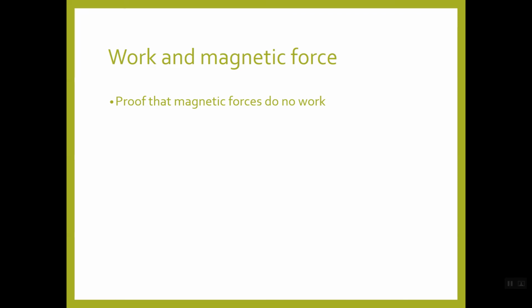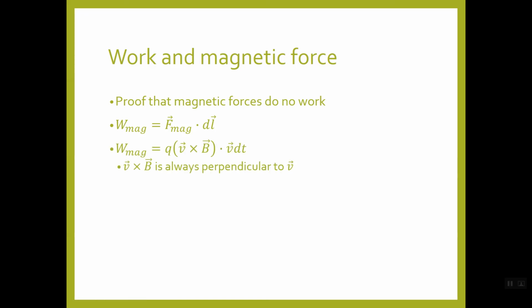So we can prove that magnetic forces in any case do no work. We do F dot dl, the work done by our magnetic force, using the definition of work. If we plug in the magnetic force, q V cross B, and dl we can write as V dt. We know that the vector V cross B will always be perpendicular to our velocity vector.